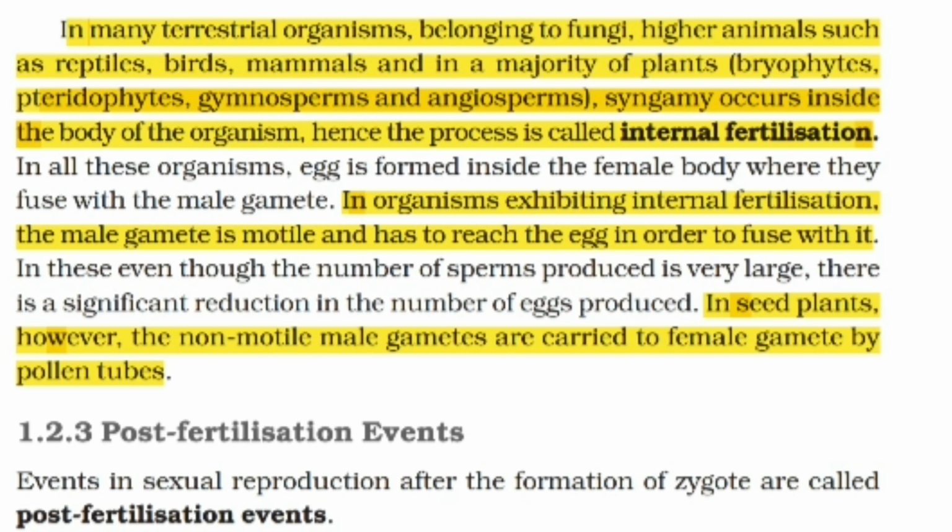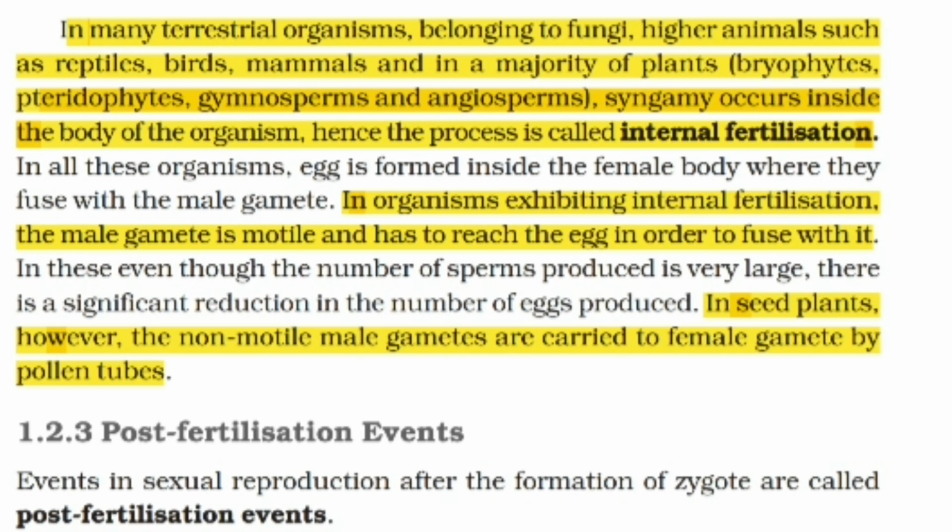In these organisms, the egg is formed inside the female body, where it has to fuse with the male gamete. So again, nature has provided a facility to the male gamete. The male gamete is motile because it has to move towards the female gamete. Only then can fusion occur for fertilization.